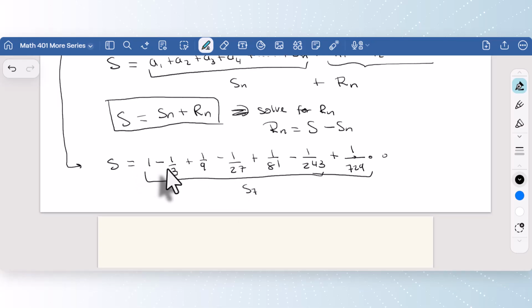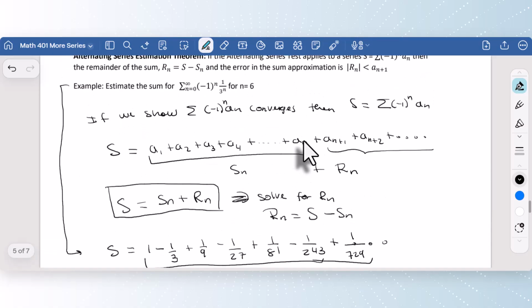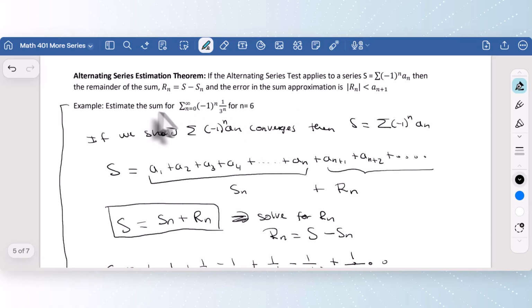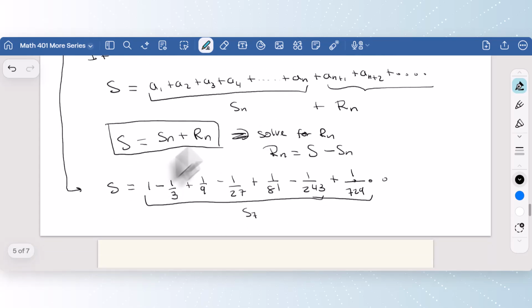Right, because that's n equals 0, n equals 1, 2, 3, 4, 5, 6. Had I said find S6, S6 will be the sum of the first 6 terms. But this says approximate the sum for when n equals 6. So n equals 6, because we started at 0, gives us actually 7 terms.